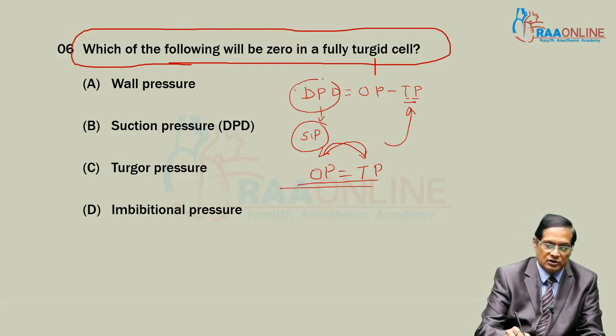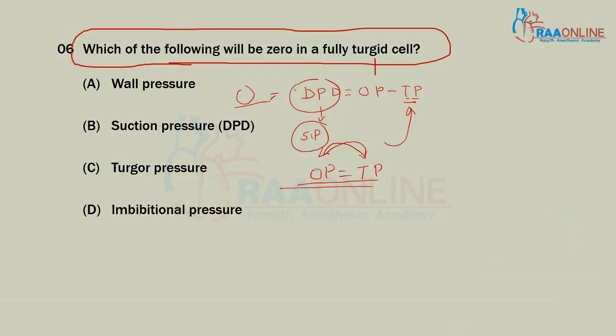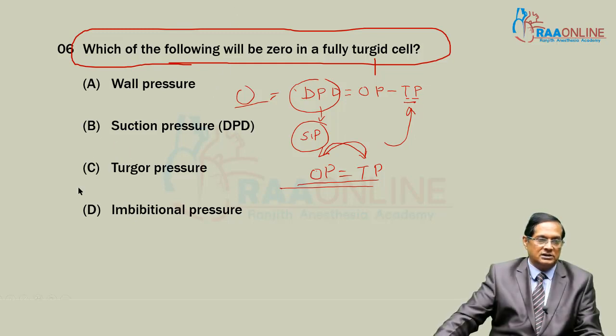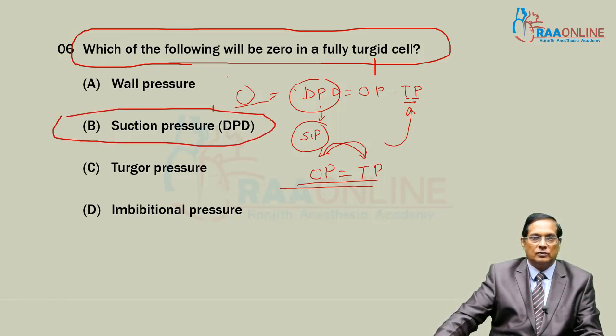And if water is not needed, suction pressure will be 0. Water is already present up to the maximum amount in it. So the answer for this question is, suction pressure or DPD is 0 for a fully turgid cell.